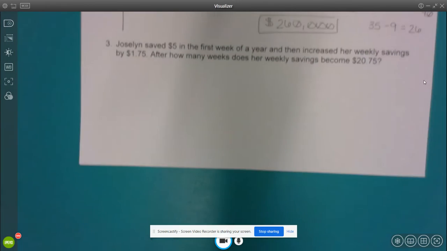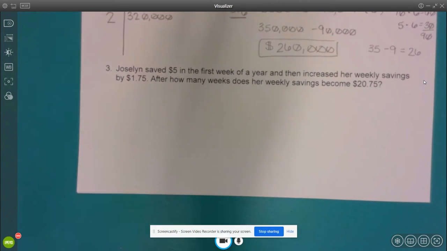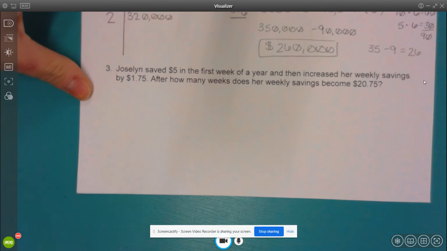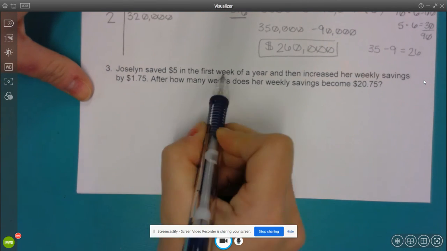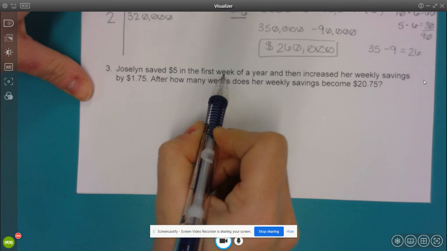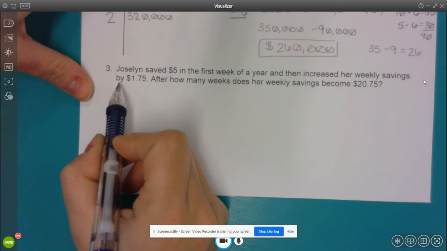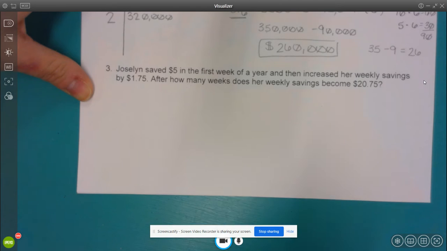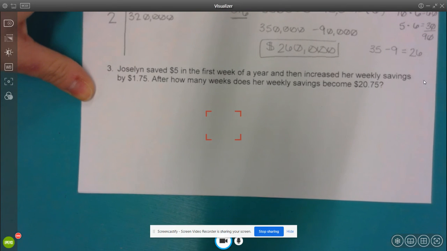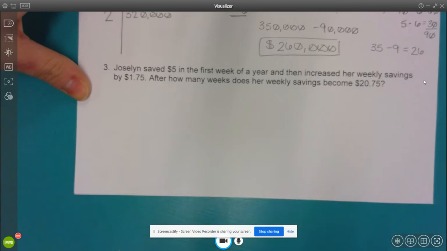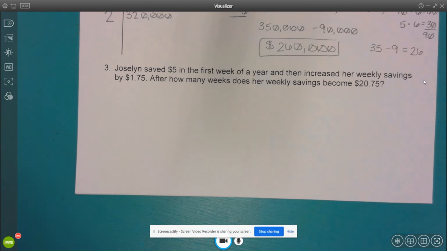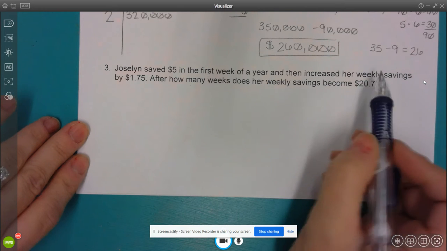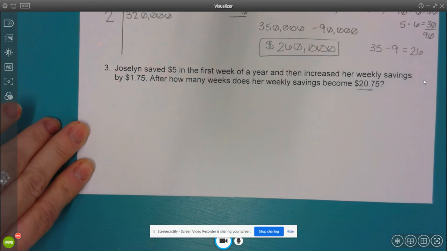All right, the next one we're going to look at is question number 3. She saved $5 in the first week, increased her weekly savings by $1.75, and our job is to figure out how many weeks it takes for her money to get to $20.75.